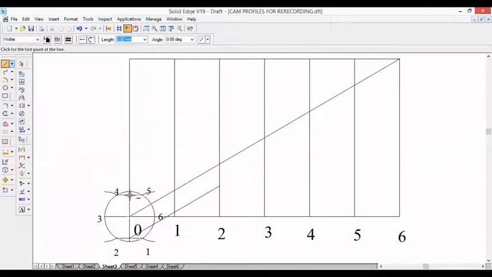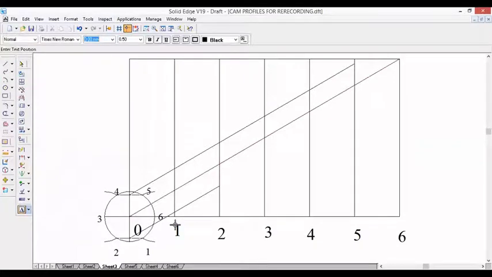Similarly, take the midpoint of 4 and 5 and draw a parallel line. Find the intersection points of this inclined line and this vertical line 1. The intersection we get will be 1 dash. So this is 1 dash right now.